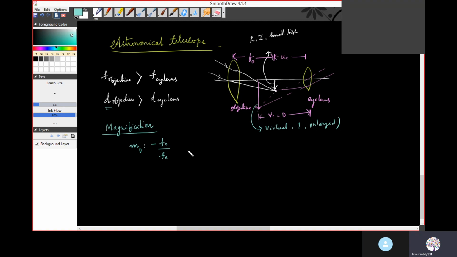So F naught by Fe into 1 plus Fe by D. That is MD. Magnification at infinity is equal to minus F naught by Fe.